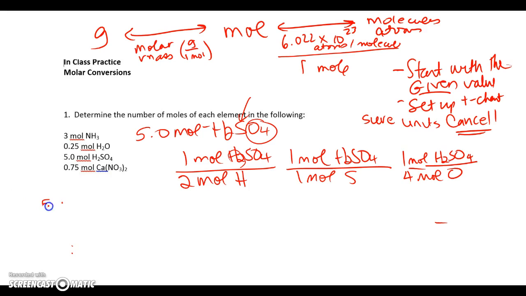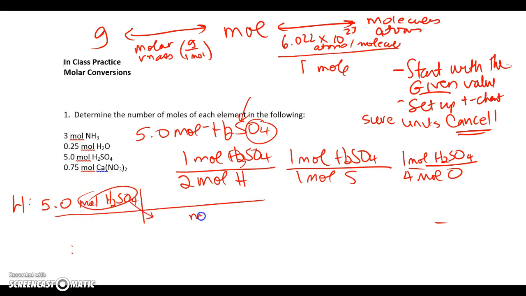Okay, so we're starting with 5.0. Notice 2 sig figs, 5.0 moles H2SO4. Let's find hydrogen first. Okay, set up our T-chart. Well, I need this unit to cancel. It's going to come down here, moles of H2SO4, and I want to get to moles of hydrogen. So I'll use this, flipped over, right, the reciprocal.